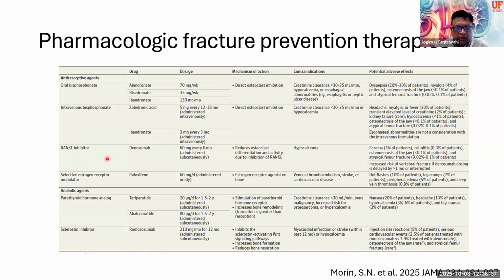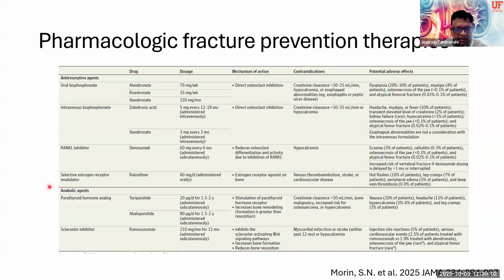We talked about the RANK ligand inhibitor, which also reduces osteoclast differentiation and activity due to inhibition of RANK ligand. Major side effect is hypocalcemia. Selective estrogen receptor modulators like raloxifene, like all estrogen replacement, there's a risk of venous thromboembolism, stroke, or cardiovascular disease.